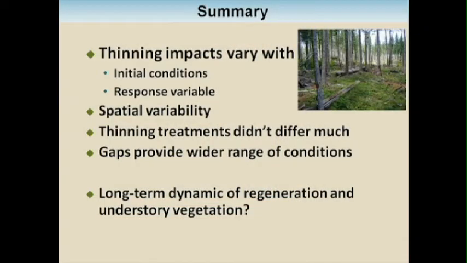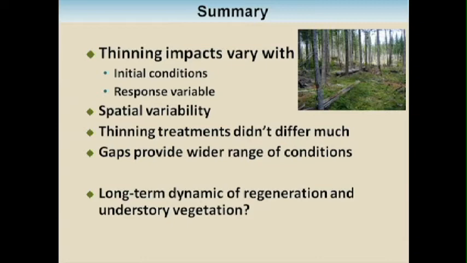So I know Paul is getting the picture ready, so I'm getting to my last summary slide here. I just want to point out a few points. One of them I kind of skipped over, but we find differences in thinning impacts, and one of the factors driving that is the initial conditions.